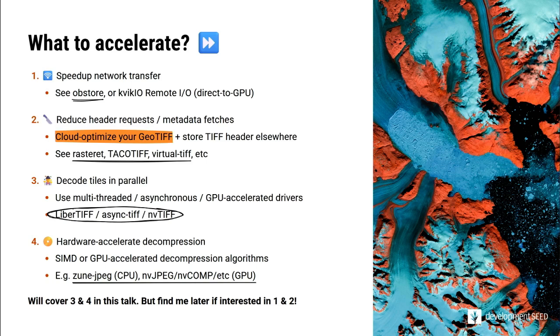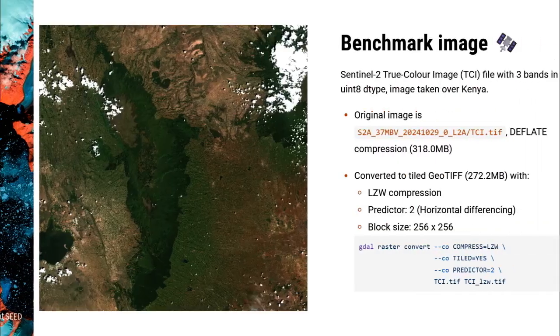Libraries like zune-jpeg, a Rust crate, use a lot of these SIMD instructions if you have JPEG compression. Or on the GPU, there's nvJPEG, nvCOMP, these sort of things. I'll just cover the last 2 here. But ideally, you want to optimize all of these components to get the maximum possible acceleration.